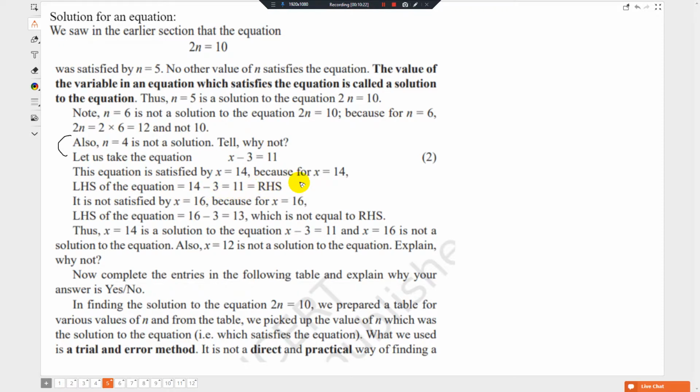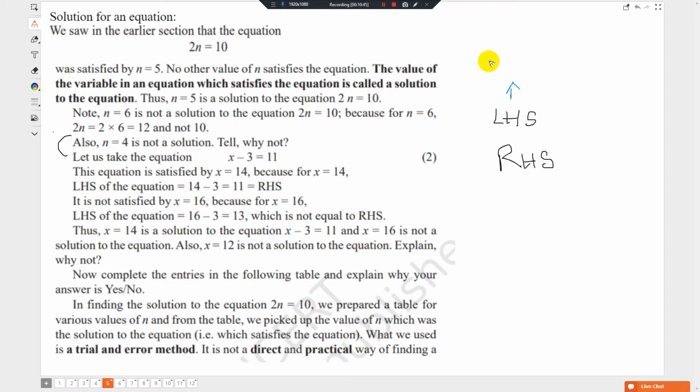that is the RHS. Here we got new words, LHS and RHS. I'll show you the full form. Please note it down.